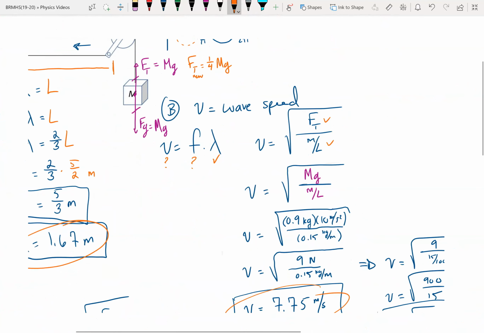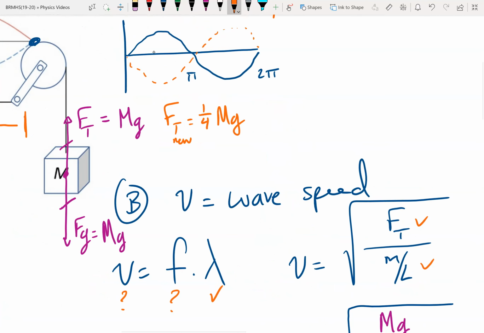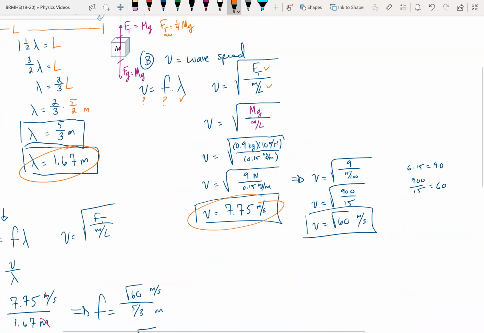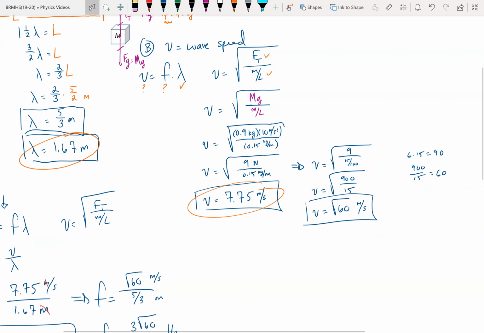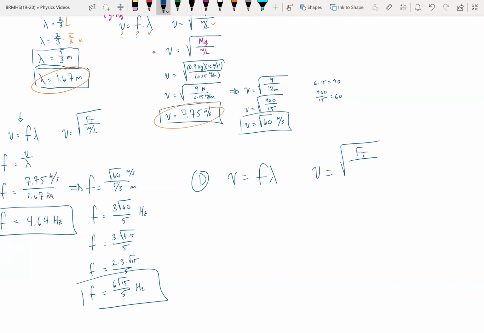Let's just think about conceptually what happens. You can go ahead and calculate the new tension force and use that to determine the new wave speed, and then use that to determine the new wavelength, and use that to say how many loops there are. But we're just going to look at thinking about it conceptually first. So part D, I still have 2 equations, v equals f lambda, and then v equals the square root of tension force over linear density.